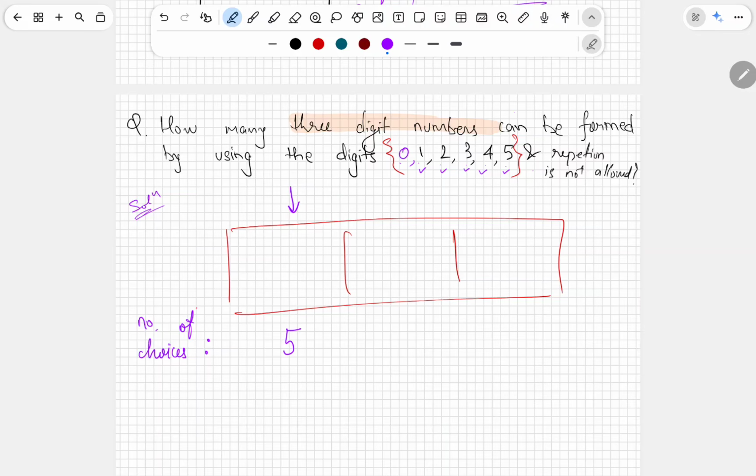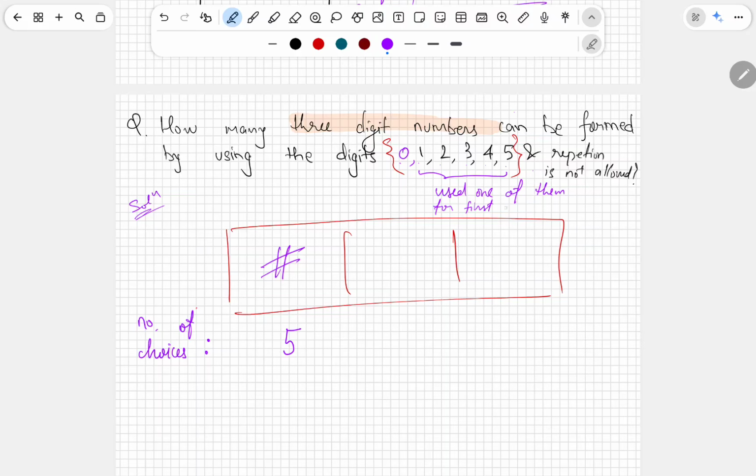Now for the second place, I can put 0 also, but I have already used 1 digit over here. A digit has been used. It can be any digit. Out of these 5 digits, I have used 1 of them for the first place.